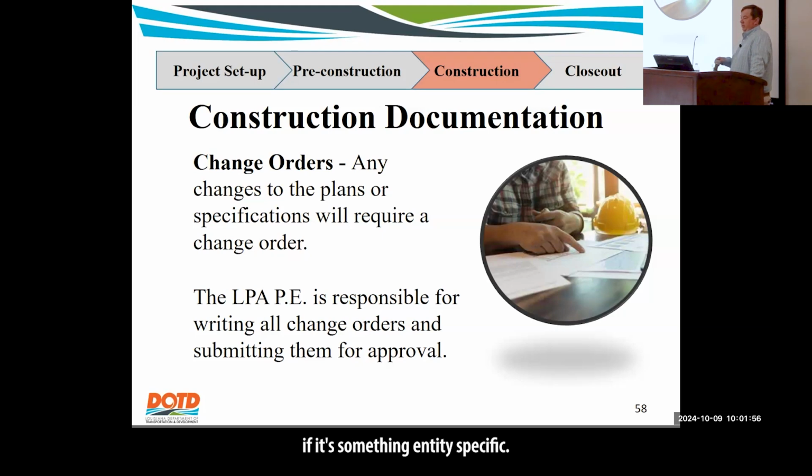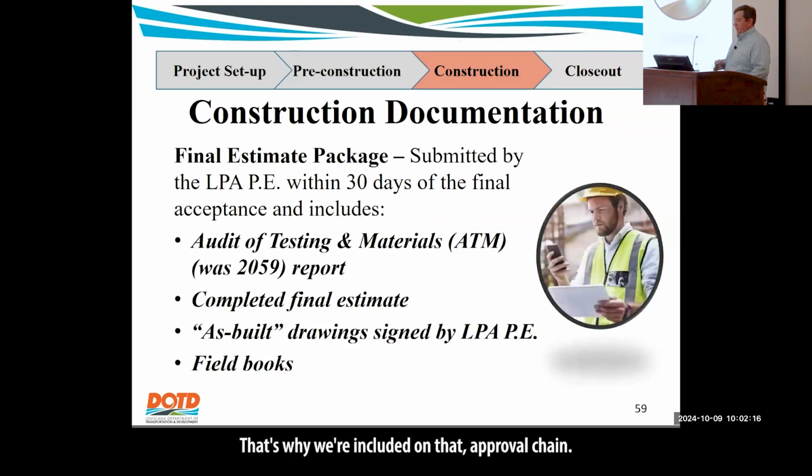If it's something entity specific, like we wanted this new cute little sign or something like that, no, that's non-participating. That's got to be full city funds, whatever. You can still do it via change order, but it might not be participating. So that's what we're checking. That's why we're included on that approval chain.